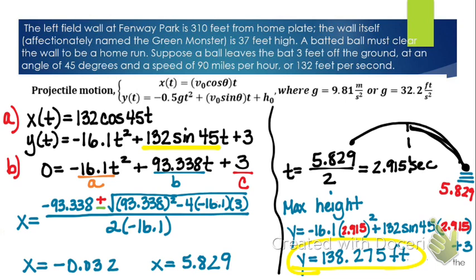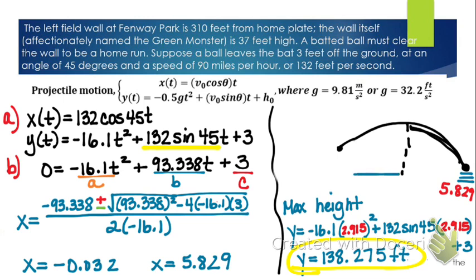So now go ahead and read part C and see if you can figure out what we have to do to answer part C. So now it's asking you for that horizontal distance.